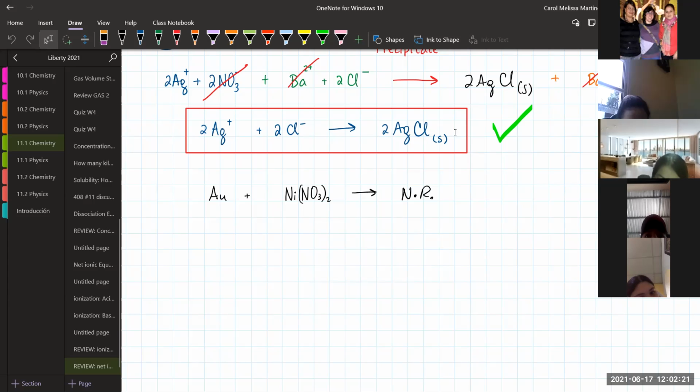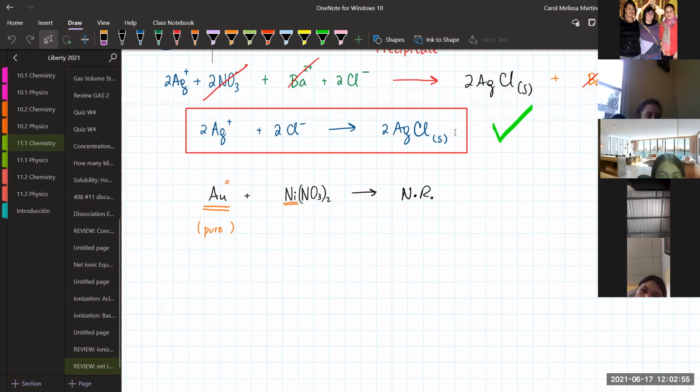But take a look here. Gold. What will be the oxidation state for gold? Is gold pure or is it combined? Pure. It is pure, okay? When it is pure it means that the oxidation state is 0. Now in this case, nickel is using a charge.